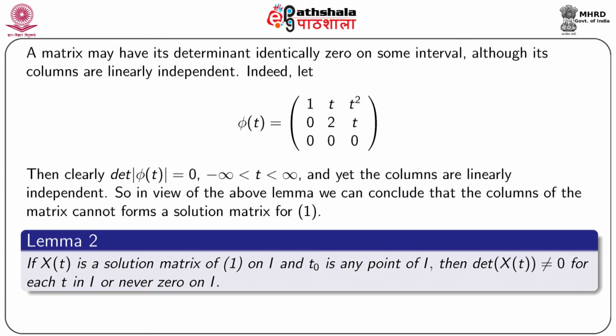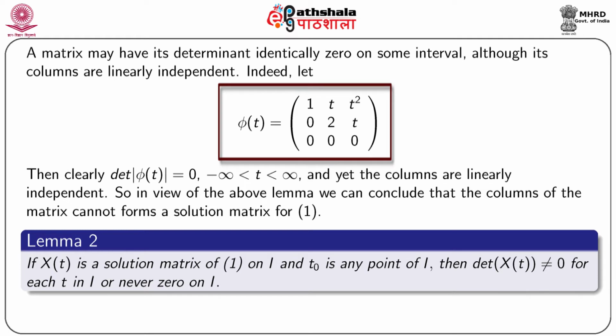A matrix may have its determinant identically 0 on some interval, although its columns are linearly independent. We consider phi(t) equal to the matrix with rows 1, t, t squared; 0, 2t, 0; 0, 0, 0.